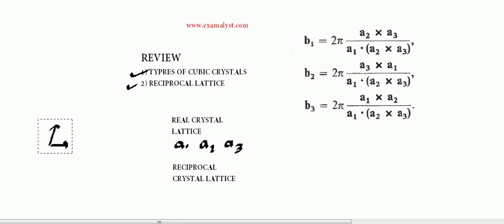For example, if I just go on putting this, you see what I'm doing?